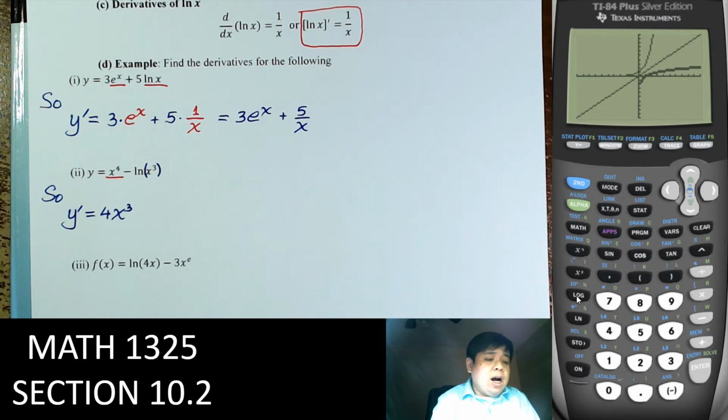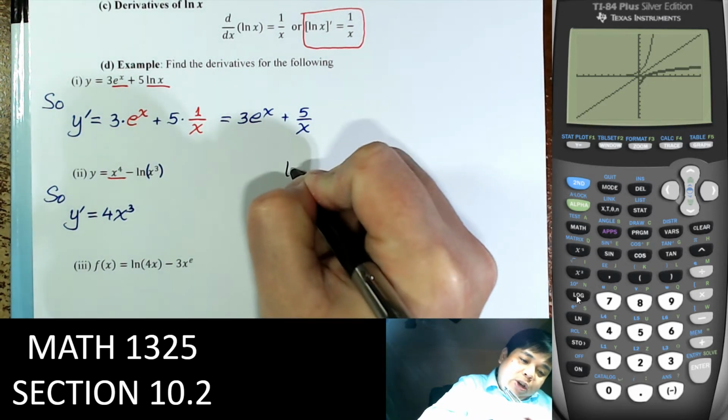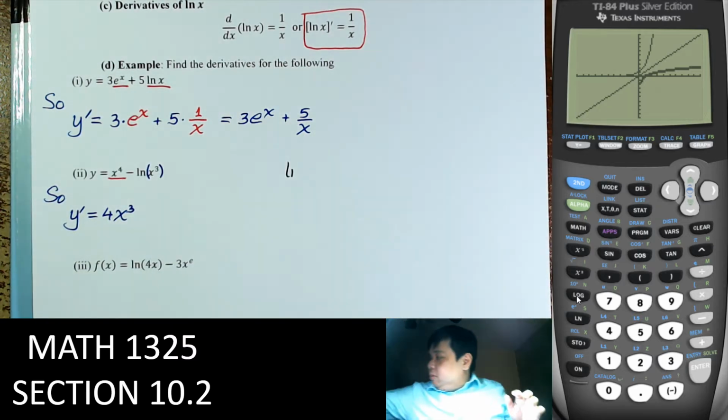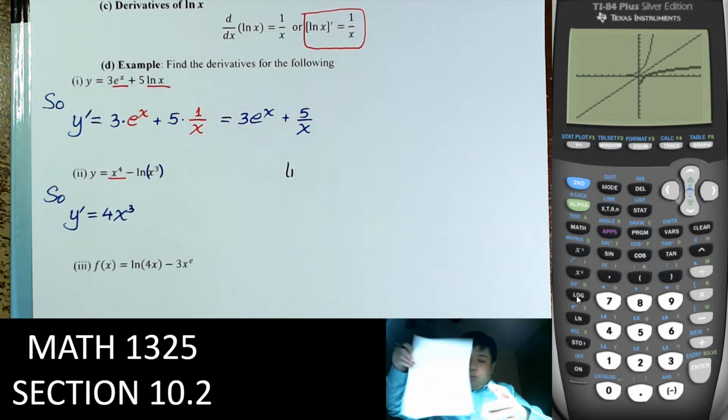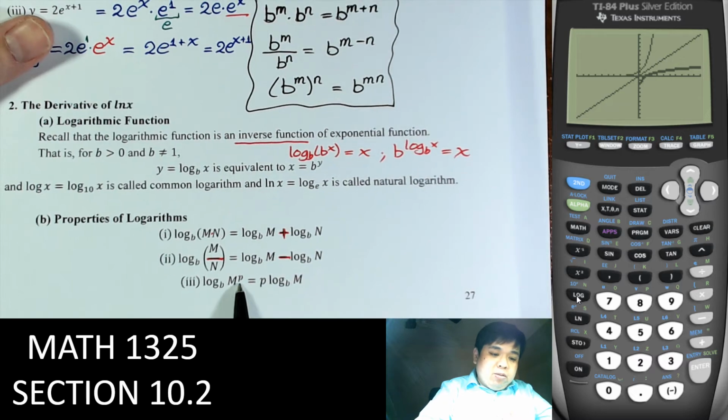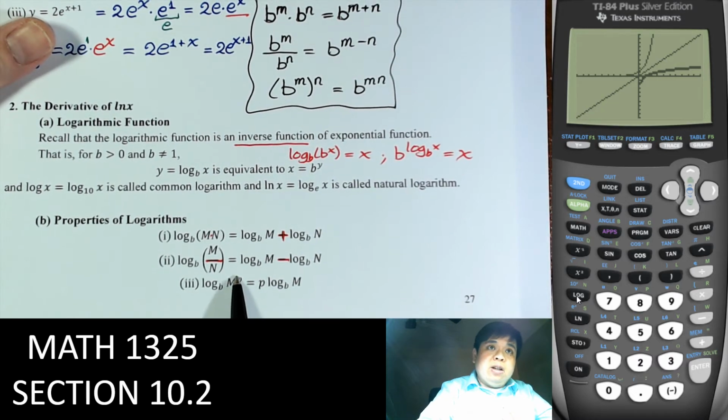So what can we do here? Again, if it is ln of x, we know the derivative. If it is ln of something else, we have to go around it. The way to go around that is, what if we have the log of something to a power? We can take the power outside.